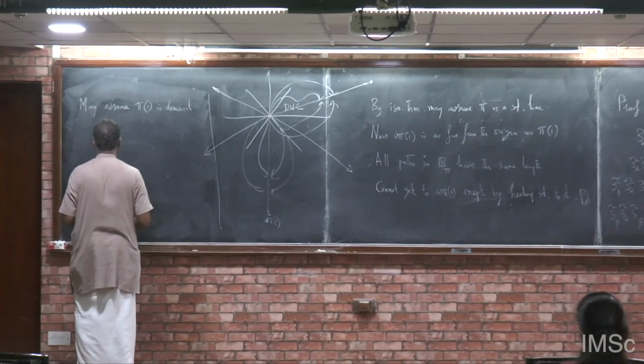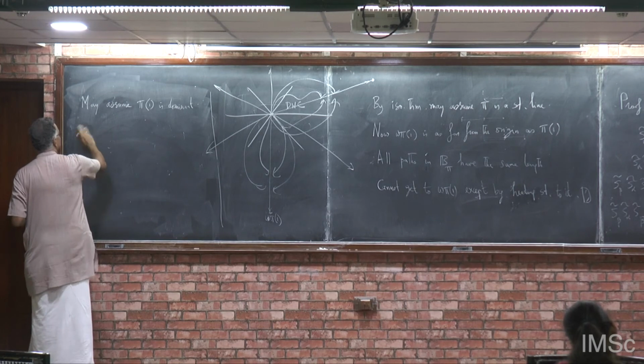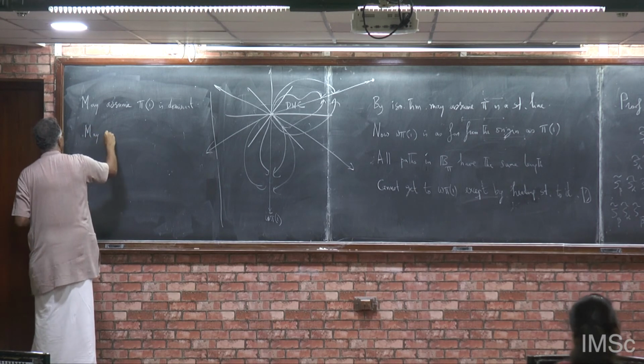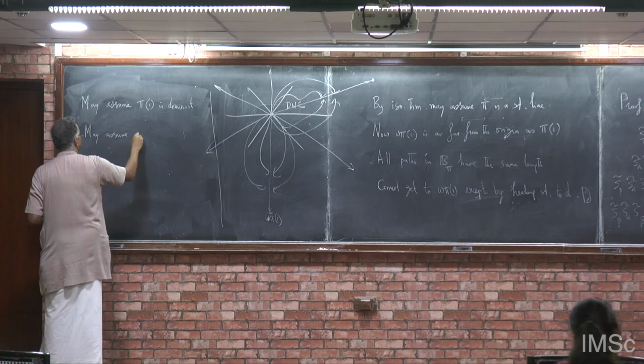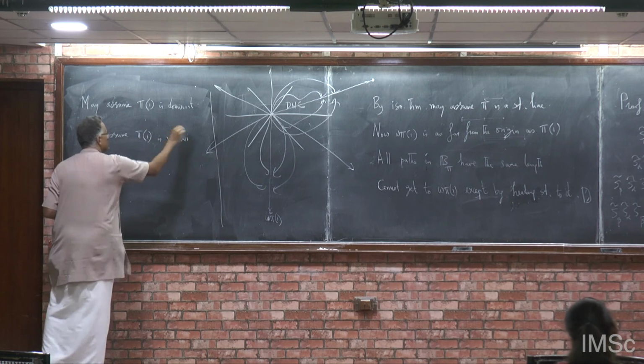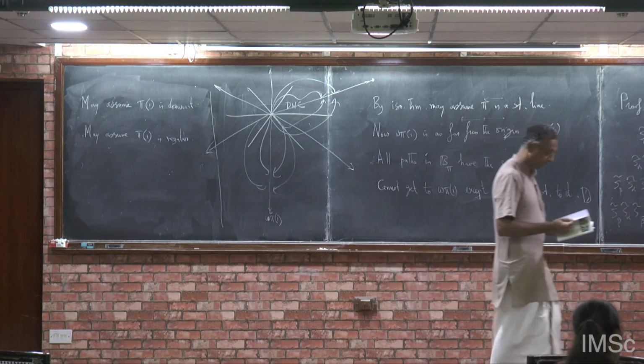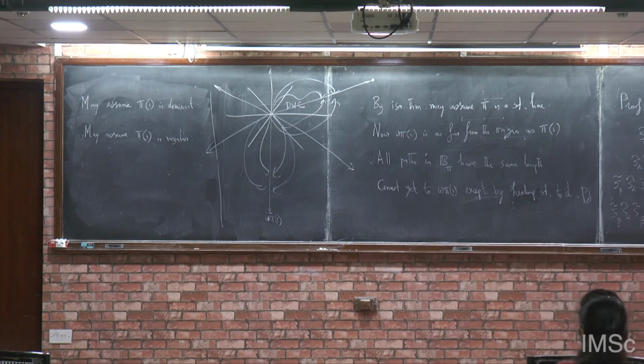So here is the interesting thing. We may assume further that pi 1 is regular. This is a very interesting checking, so let me try to show you how this is done.